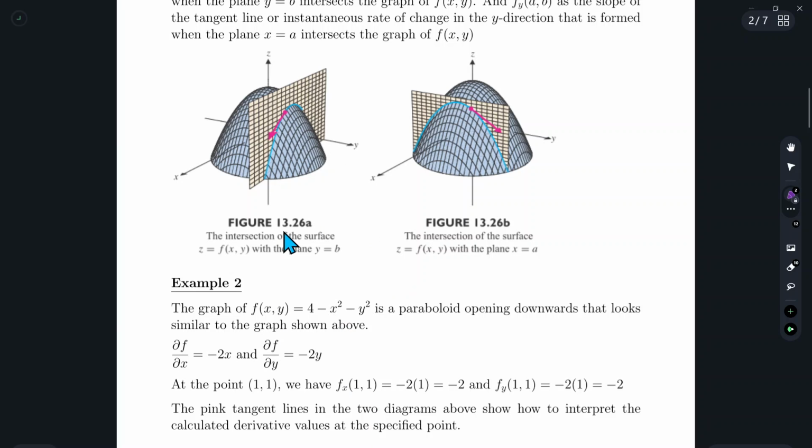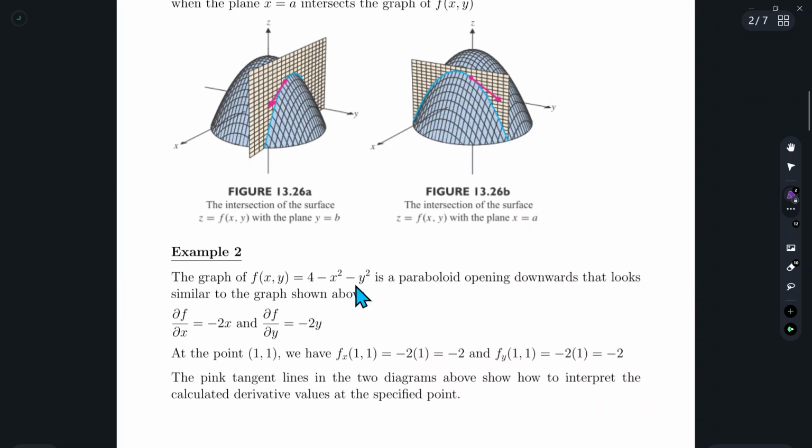So if you imagine that these two diagrams are demonstrating the calculation shown in example 2, then this negative 2 represents the downward slope of this pink line on the diagram on the left, and this negative 2 represents the downward slope of the tangent line on the right. That gives you an idea of how the partial derivatives are represented in terms of the graph of the function.